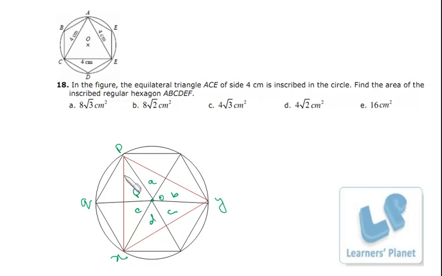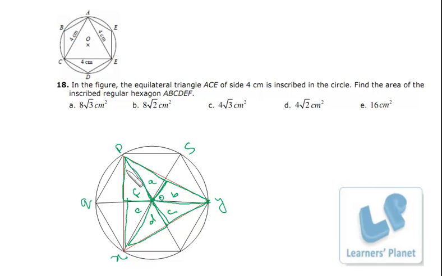Now this part is an equilateral triangle, right? And this portion is half of this triangle. Okay, similarly this portion is half of this triangle PSO. Similarly this is half, this is half, this is half, and this is half.